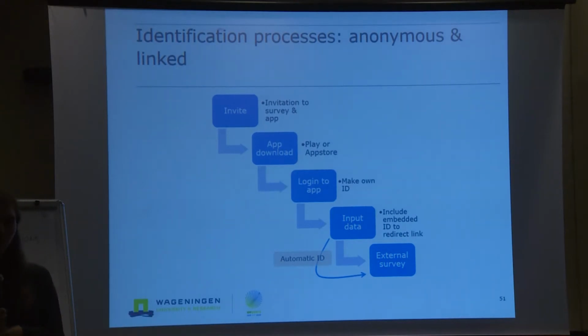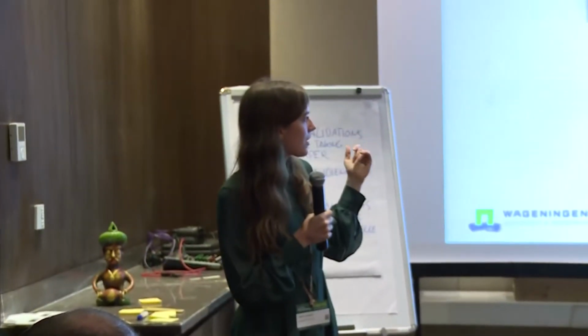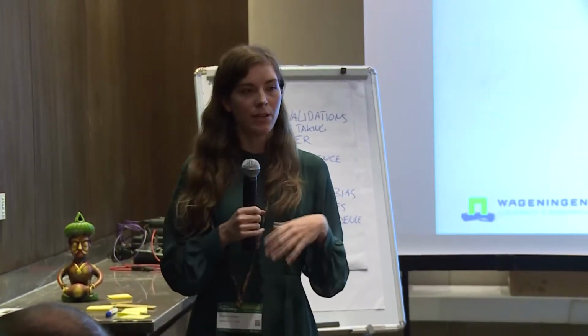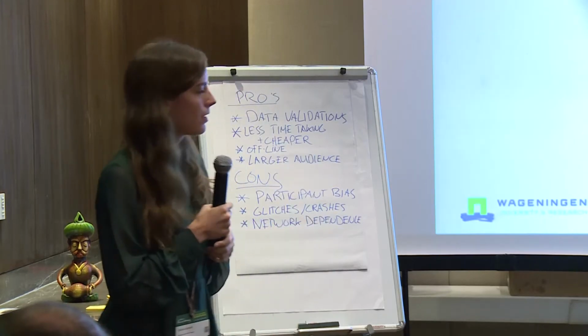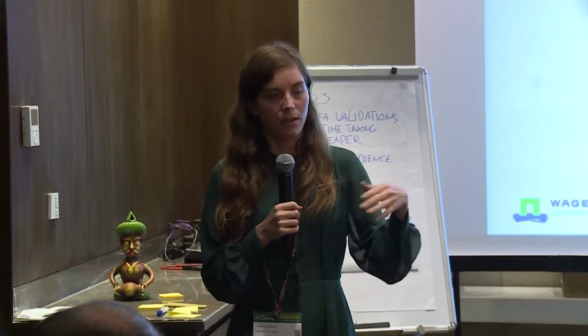So the ideal situation here would be that obviously the ID is automatically generated. You just send an invitation to the people, they download the app, and as soon as they create an account, an ID is automatically generated. And if you're doing an external survey, this ID is automatically taken there.